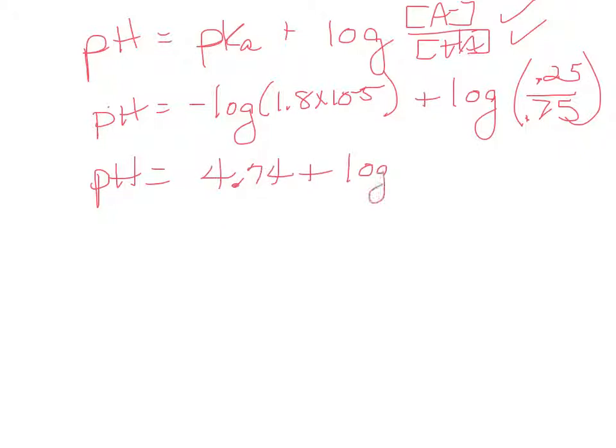And the ratio of 0.25 divided by 0.75 is 0.33. Simplifying that one more step, the log of 0.33 equals minus 0.48.